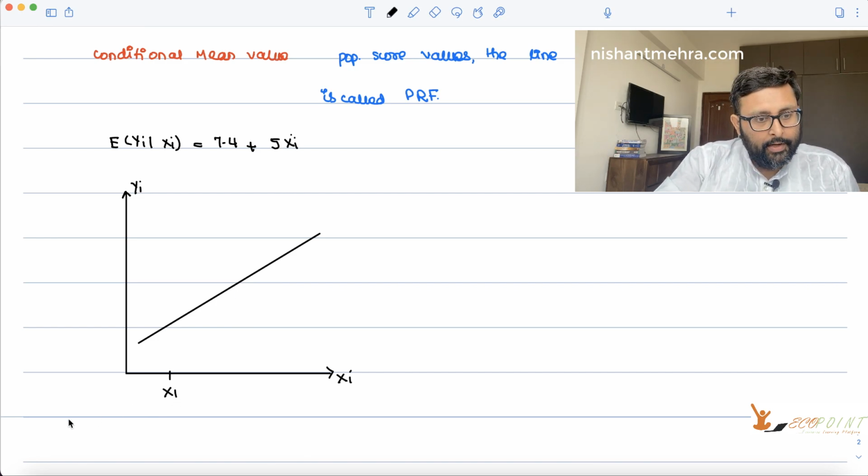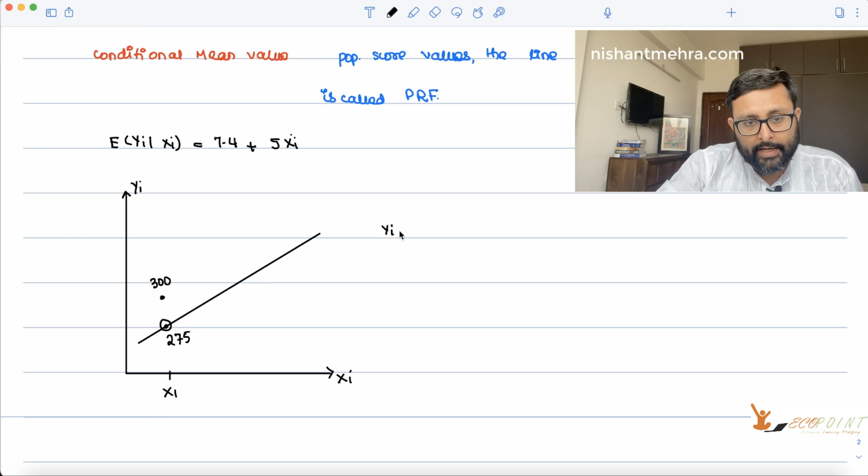So for the family income of X1, let's say 2 lakh rupees or less, the mean value score was somewhat 275 or something. That's the conditional mean value score. That's the mean value of those 10 individuals. But for any particular student, it may not be true. Maybe one particular student would have got 300. That is also true, right? So it may not be true.